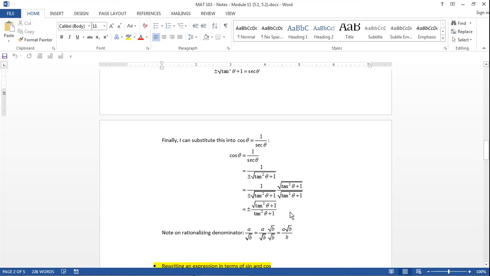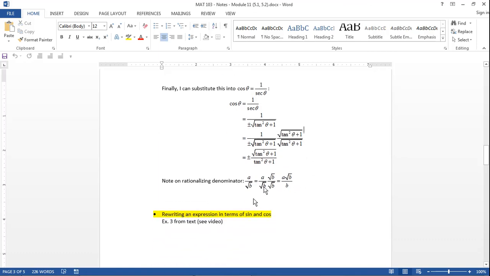Again, that's not something I'm hugely invested in you knowing how to do, but there's not a lot to it. I multiply the top and the bottom by that square root. On top, I just have 1 times that square root. It leaves me that square root. On bottom, the square roots cancel. So rationalizing the denominators, not a big deal.